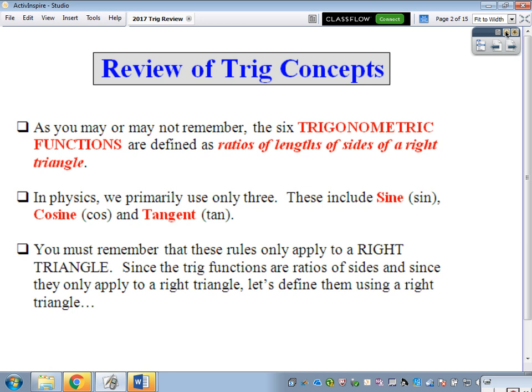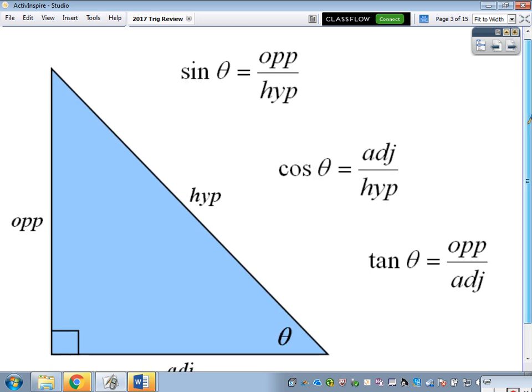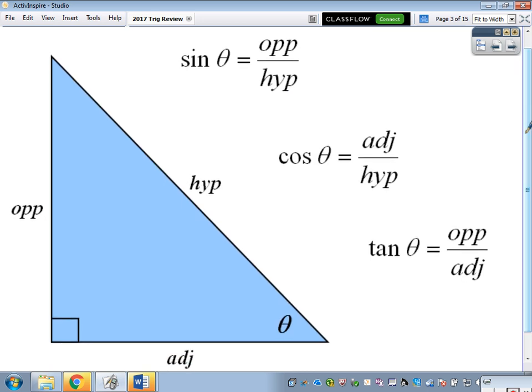Now, because these rules only apply to a right triangle, we're going to define them using a right triangle. So here is our right triangle on the board where we already have an angle indicated. Therefore, we can identify the opposite, the adjacent, and the hypotenuse. With our angle theta down here, obviously opposing that is our opposite side.